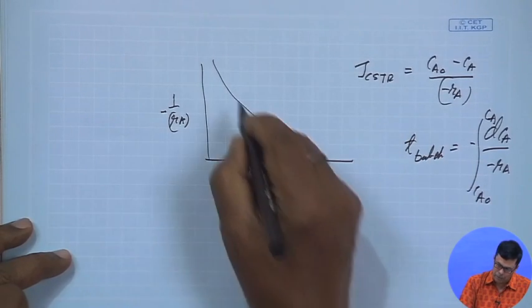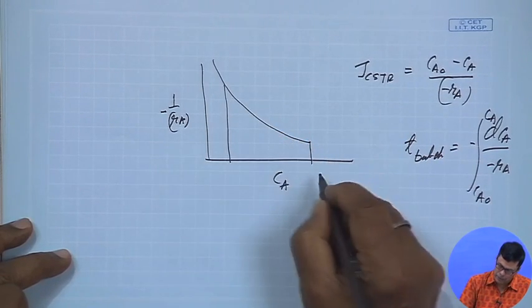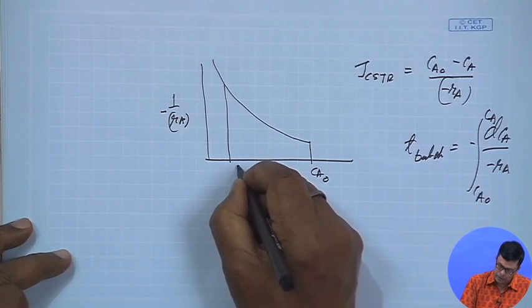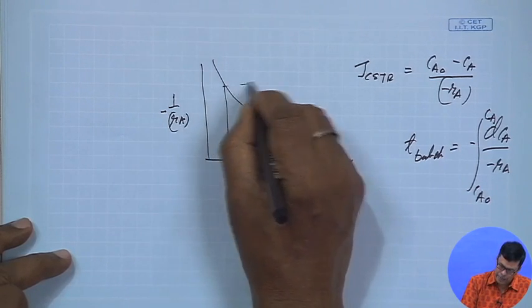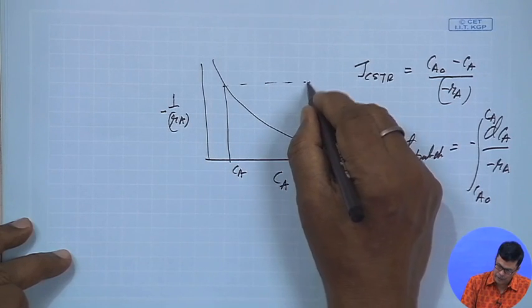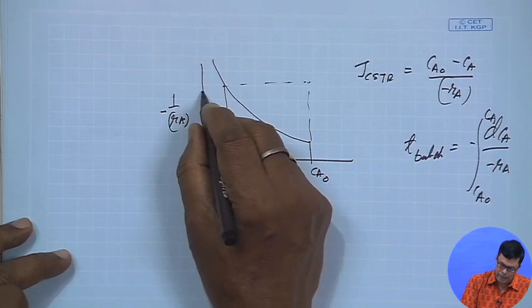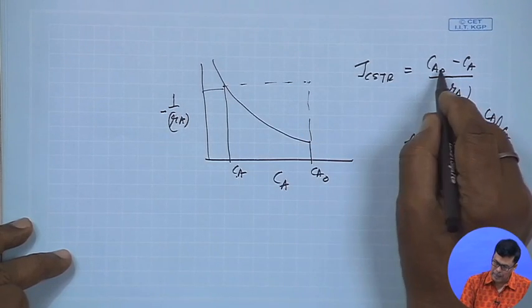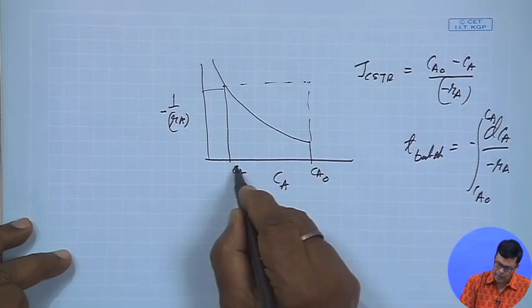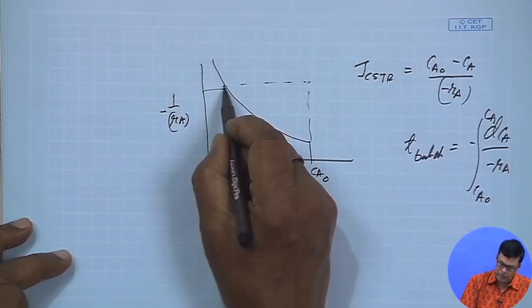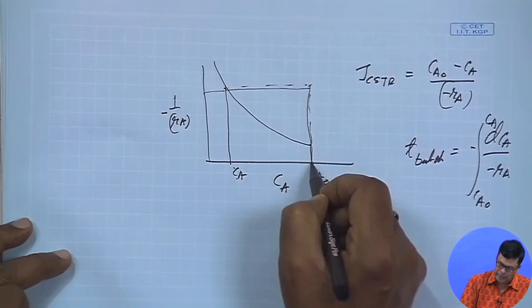Now in the case of the CSTR system, this will be CA and this is CA0. So what is the area under this curve? CA0 minus CA is the length, and minus 1 by RA is the height, so it is the area of a rectangle. Am I right?